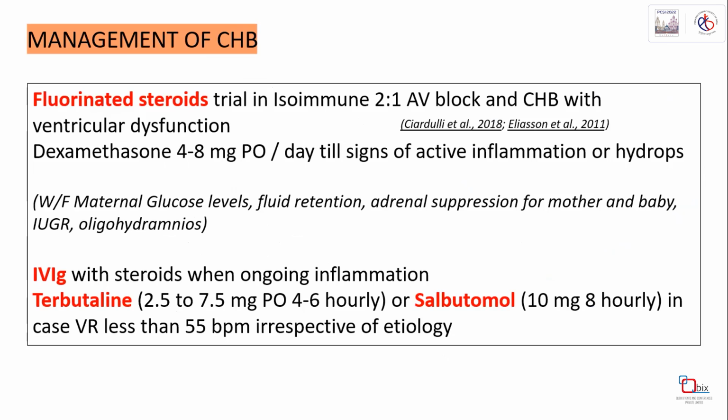In terms of complete heart block, most of the times there is ventricular dysfunction or further hydrops. Immunoglobulins, steroids and beta stimulants can help increase heart rate to some extent. However, it does not change the mortality in the baby.